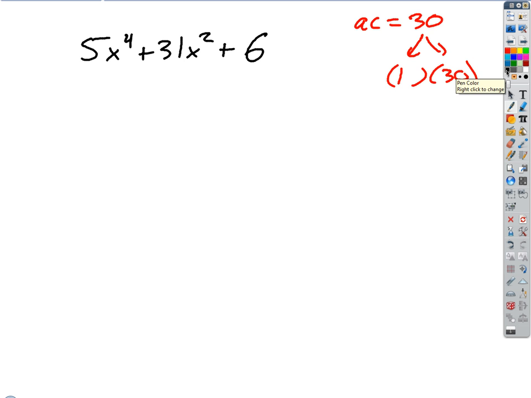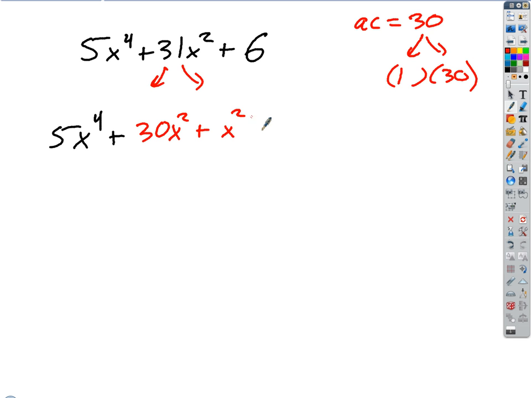Okay, so the 31x squared term is the one that gets split, isn't it? So we end up with 5x to the 4th plus, what two terms? 30x squared, either order, doesn't matter, plus x squared, good, plus 6.